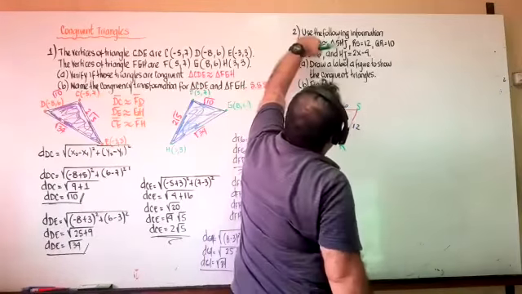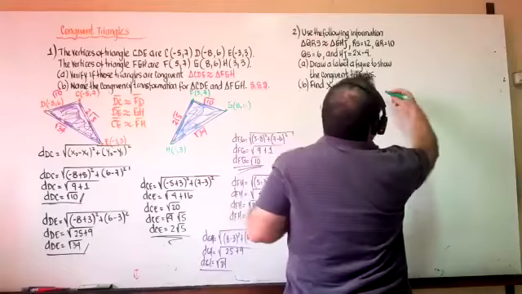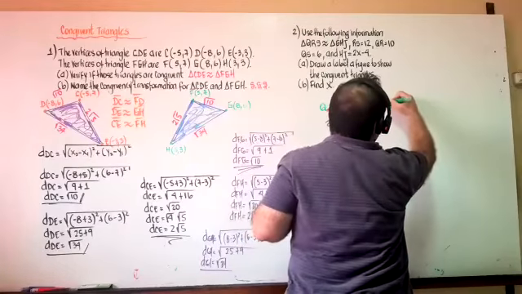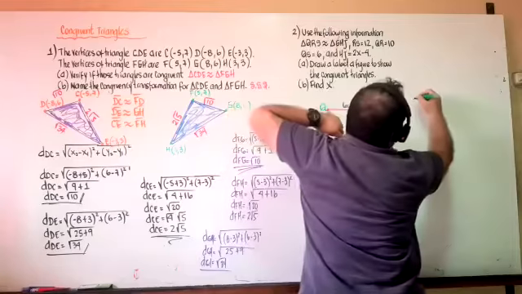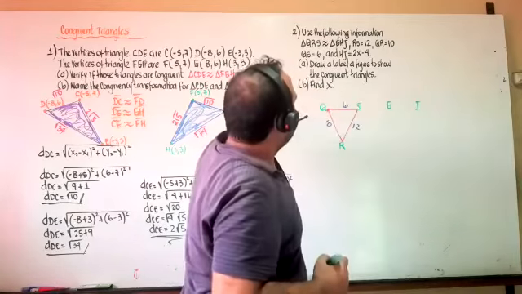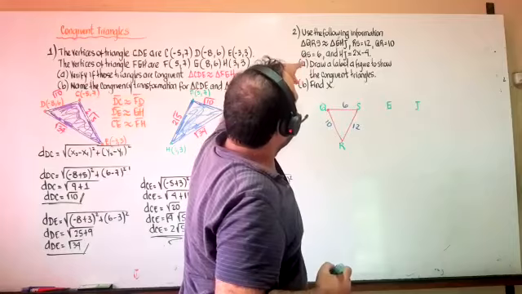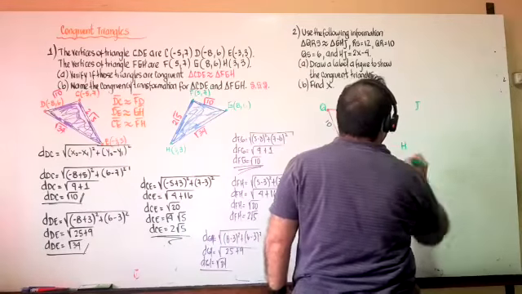The first letter and the third letter. So I'm going to use in the second triangle the first letter, G, and the third one will be J. Okay, and the last one, J, and the middle one will be H.